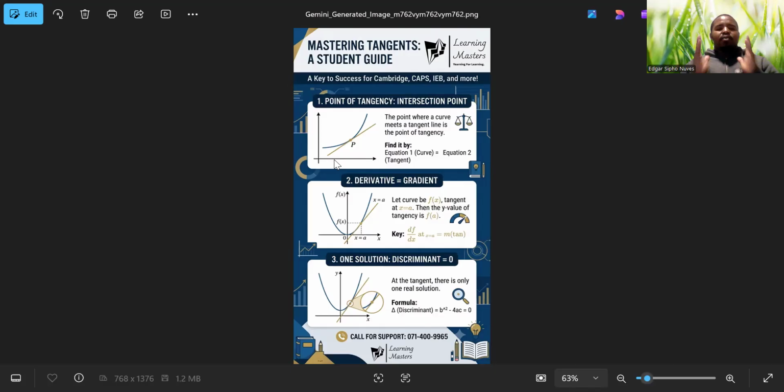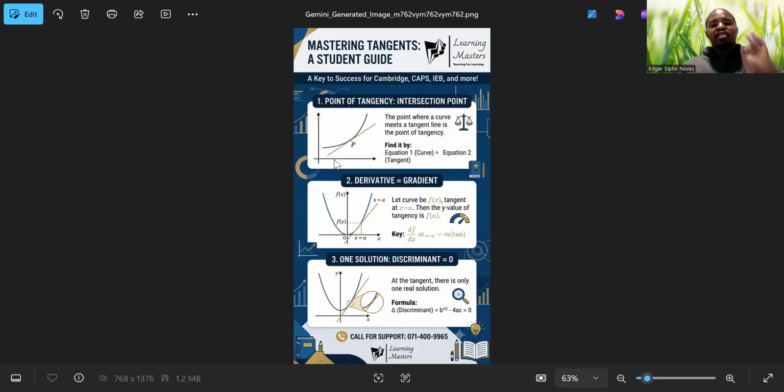So where does this fit in with the tangent? If you can work out the derivative of a curve f, df/dx, and then substitute the x value of the point of tangency, the output, which will be a number, is the value of the gradient of the tangent line. Let me repeat that slowly.